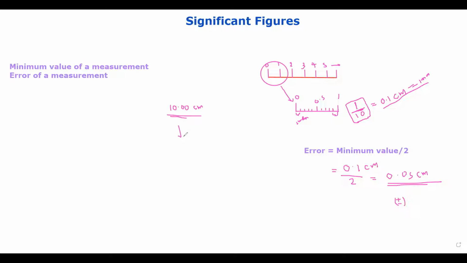So what is the error? 0.05 centimeter for this ruler. So we have to put our measurement like this: 10.00 plus or minus 0.05, whole within brackets. Units are common. So this is the final answer. You have to always mention the error with your measurement. That's the correct way.